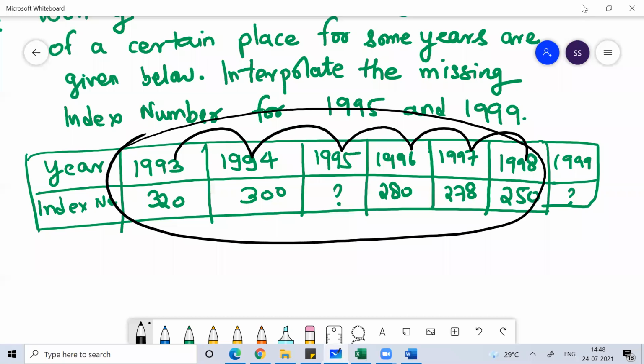This should be in AP, arithmetic progression. The difference year by year should always be the same. That is the first thing. Please make sure that part is clear. Then only you can apply the binomial expansion method.